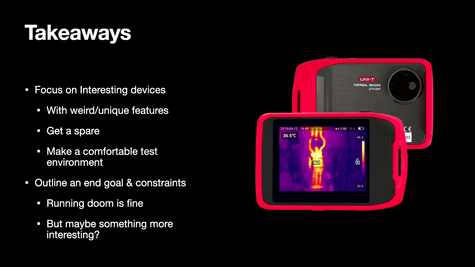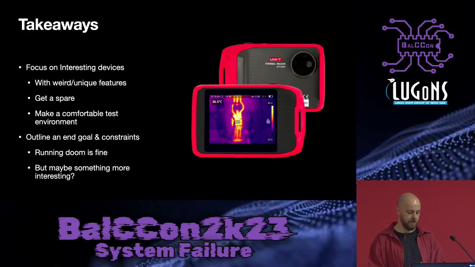The camera is interesting because it's a weird camera that has that light field technology on it. I have a photo here of a thermal camera. That would be something interesting to reverse engineer and get access to, because those are not super common.